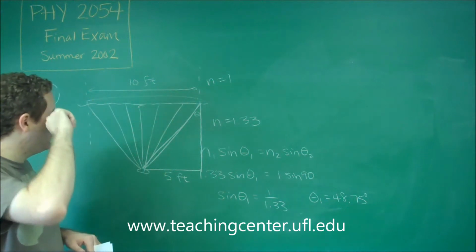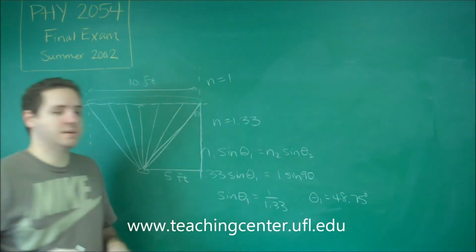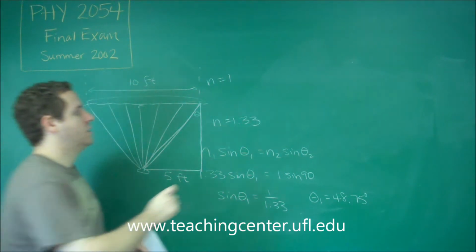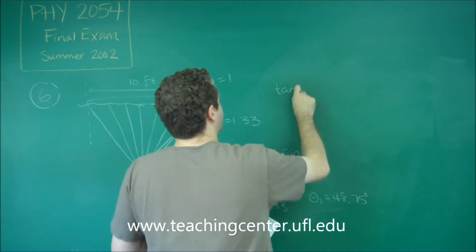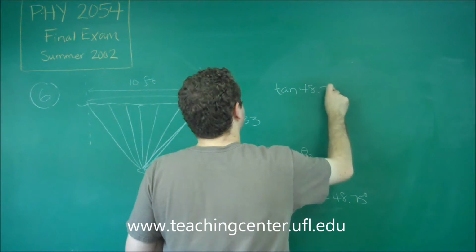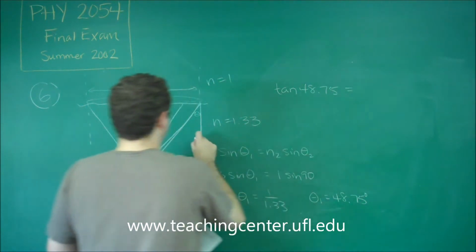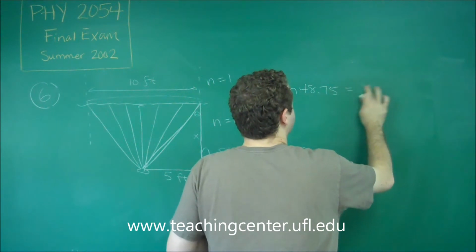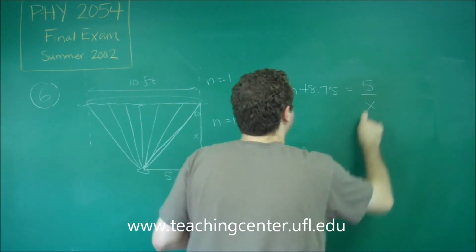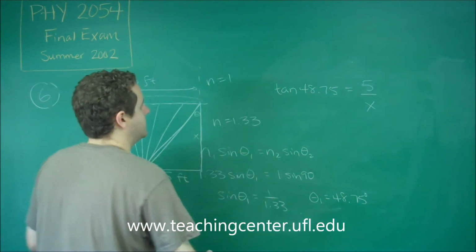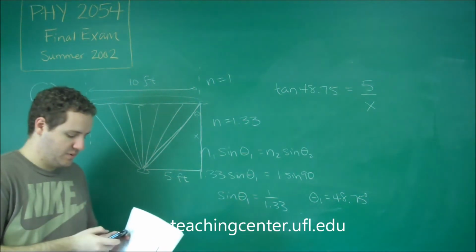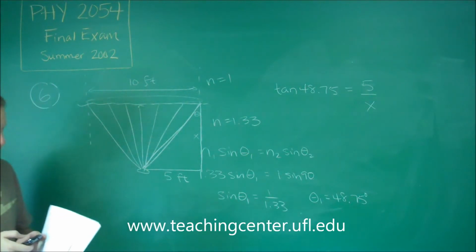And if you have 5 feet and you know the angle is 48.75 degrees, using tangent, you could find this side. So what we have is tangent of 48.75 is equal to 5 over x, where x is the depth, opposite over adjacent. So let me do that again real quick.